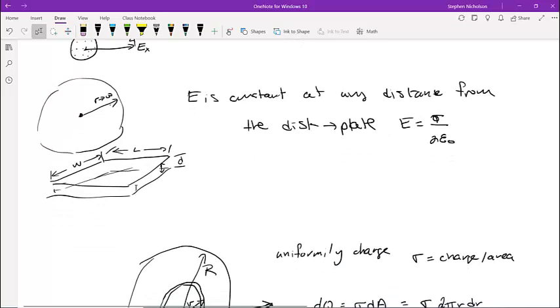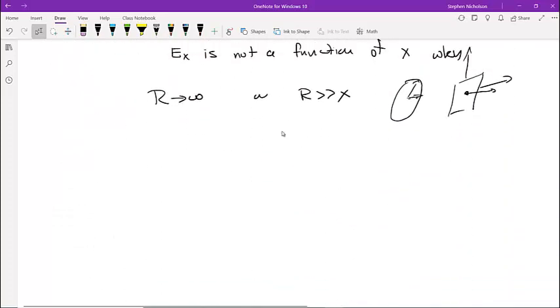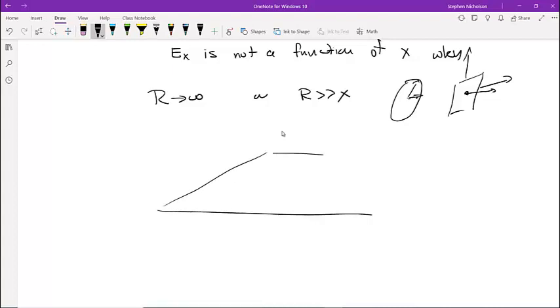Okay, now we're going to go to here. We're going to look at two plates. We're going to assume that they have an infinite area, and they're going to be a distance d apart.